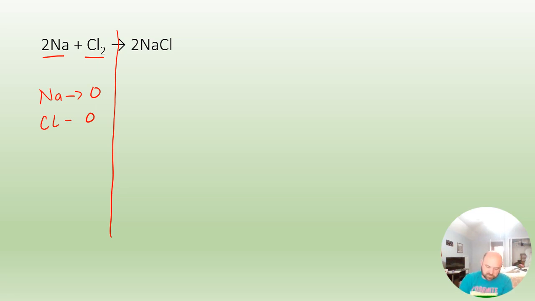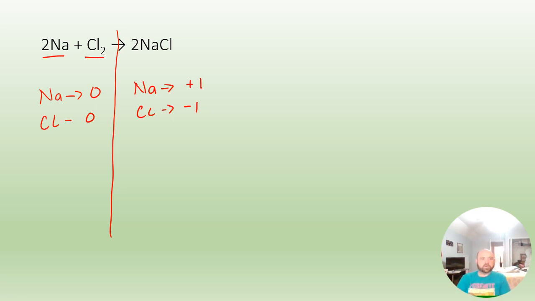So the sodium ions have an oxidation number of +1, and the chlorine atoms have an oxidation number of -1. So we can see there is a change in oxidation state for each of the elements present across this reaction. So it can be referred to as an oxidation reduction reaction.